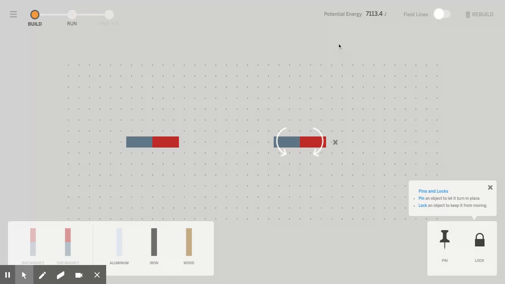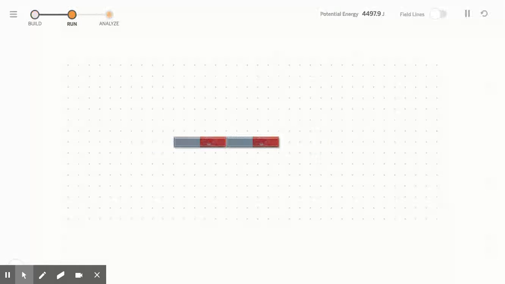Write that in your data table under the 9 centimeters. And I'm going to hit run. Oh, wow. 4,497.9 joules. I think that's the same as it was before. Interesting.